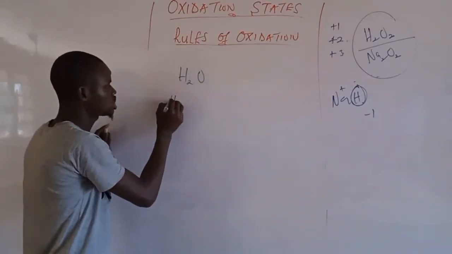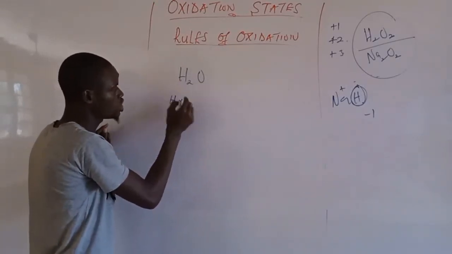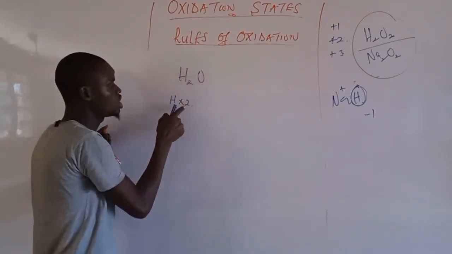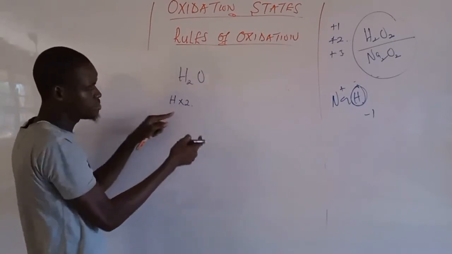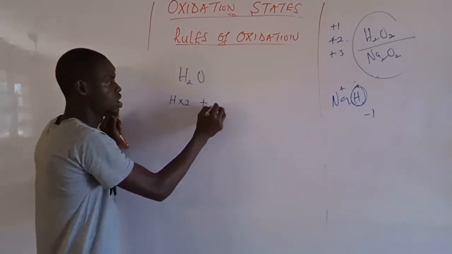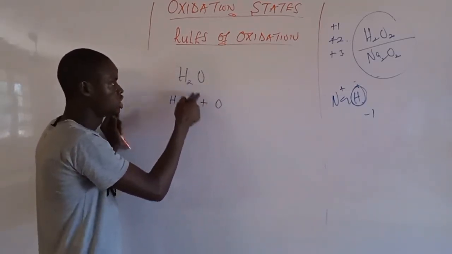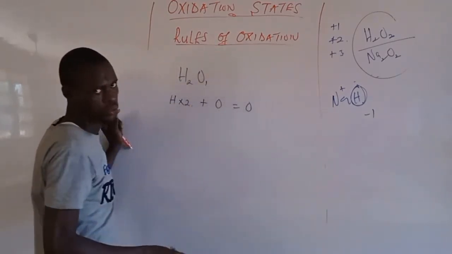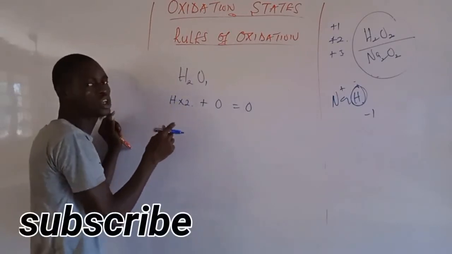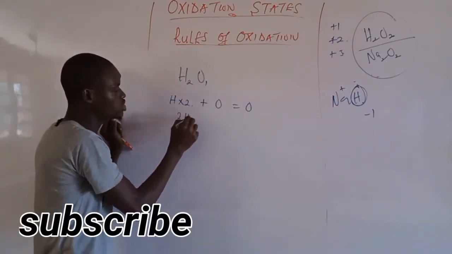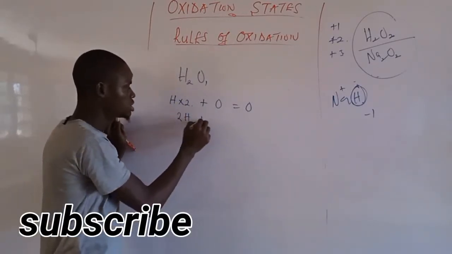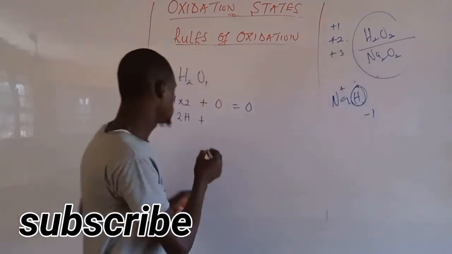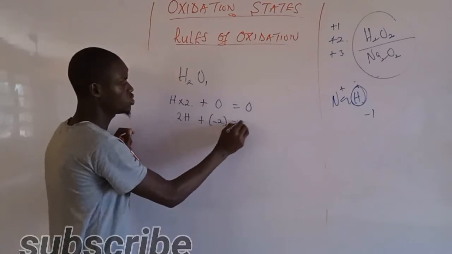That means the oxidation state of hydrogen times 2, because we have 2 atoms of hydrogen here and 1 atom of oxygen, plus the oxidation state of oxygen, which is -2, equals 0.